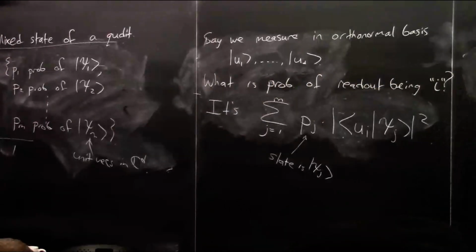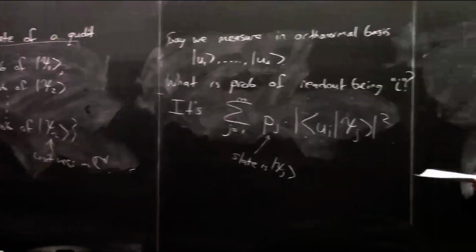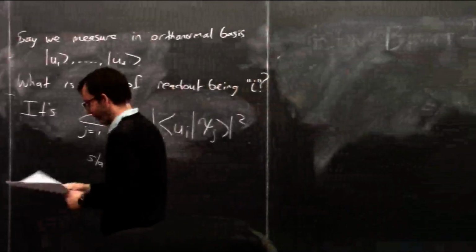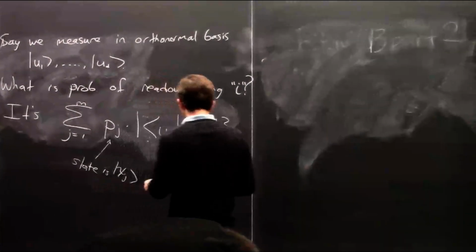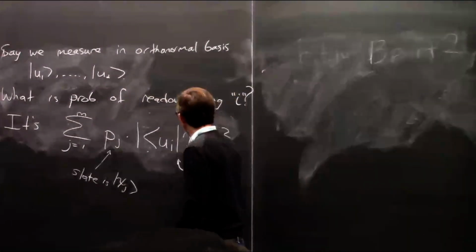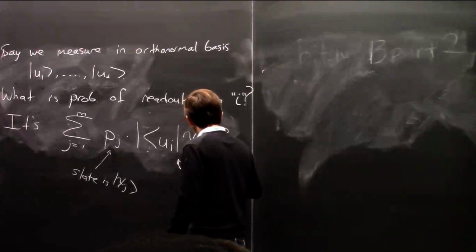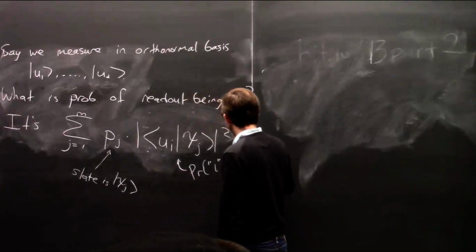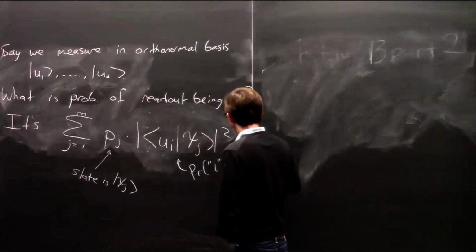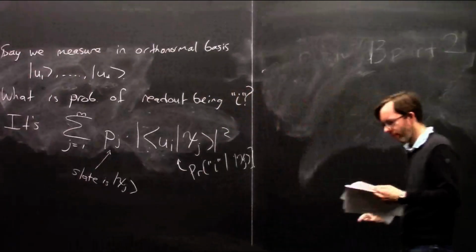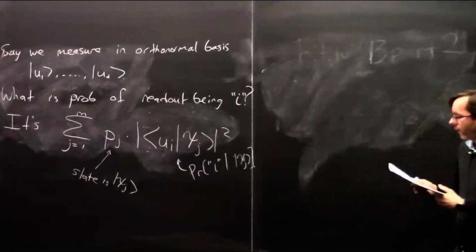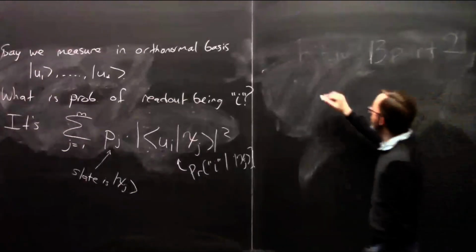And now I just want to play with this expression a little bit. In some sense, simplify it. This is the probability of getting I, given that the state is psi j. Great. So let's just do a little bit of math trickery.